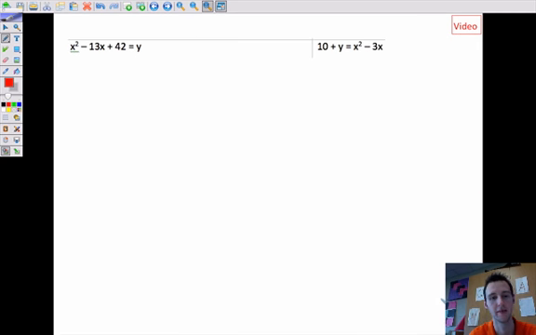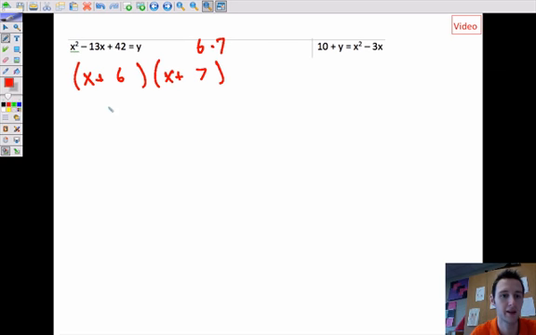All right. 2 more. Here again we have 42. So go back to our factors of 42. We had 1 times 42. We also had 6 times 7. And here there's no coefficient on the x, so this is just going to be x plus something times x plus something.